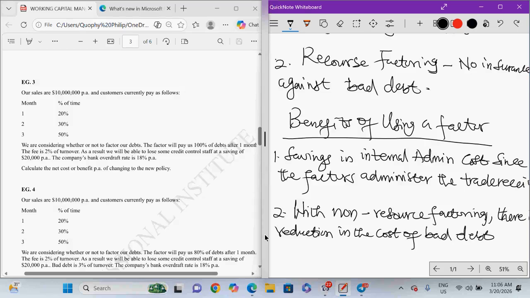Because the non-recourse insures against any bad debt, there is a reduction in that bad debt, right?